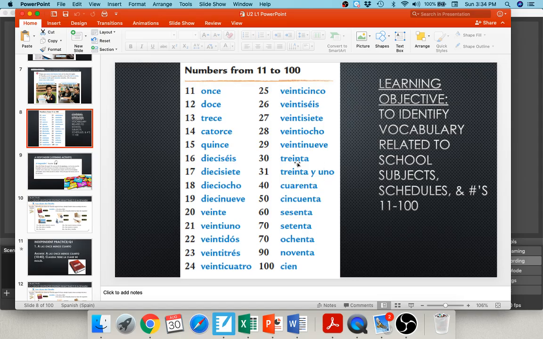So 31 is written with a Y. 35 would be written with a Y. 55. 75. Three words, always written with the Y. So one more time. 16 through 19 are one word written with an I. 21 through 29 are one word written with an I. Everything else will be multiple words written with a Y.